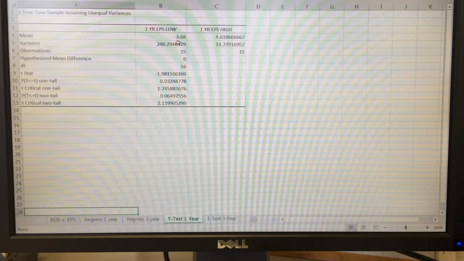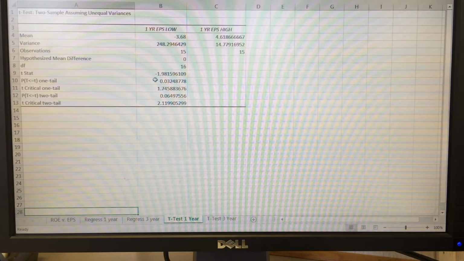Pulling that, you can see that the low ROEs for 1 year lost about $3.68 a share in earnings per share. The high for the 1 year made $4.61. So this is a huge swing. Obviously we're doing something right here.